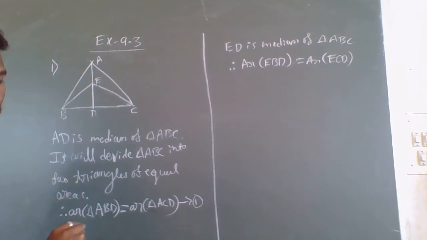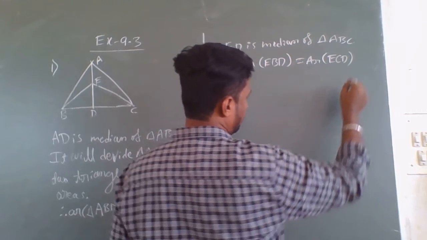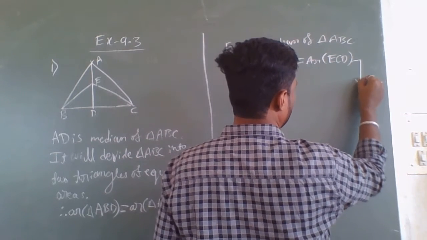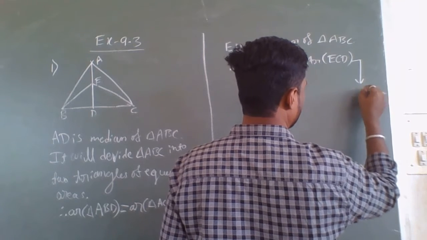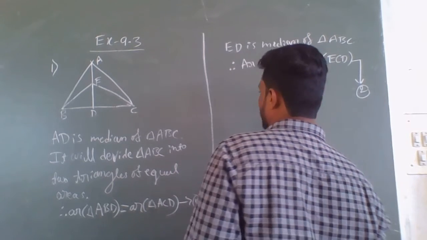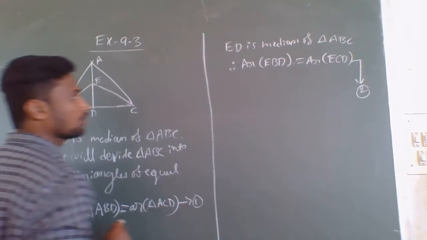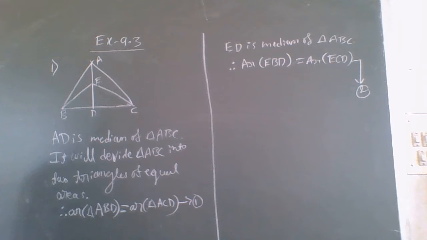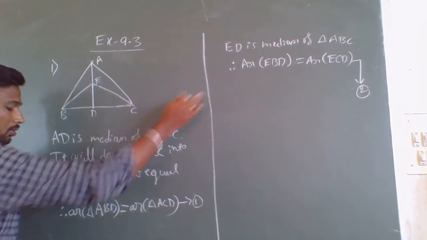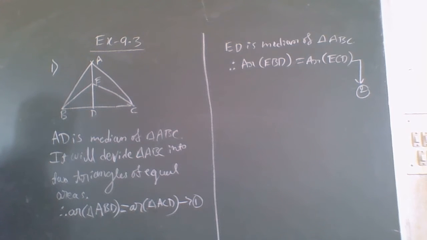So now I will consider this as 2. Now what we will do? We will subtract equation 2 from equation 1.